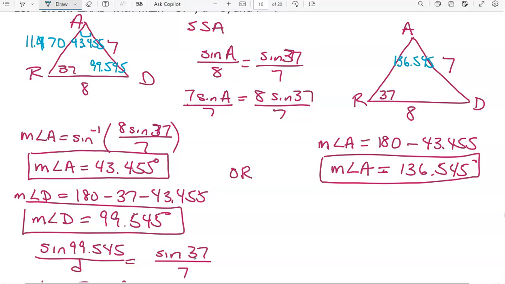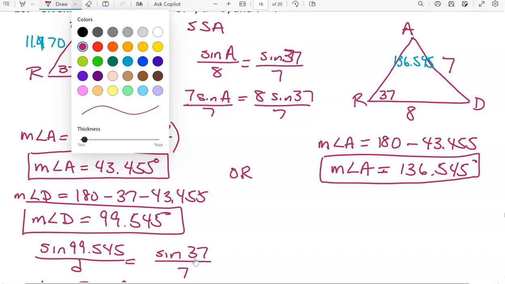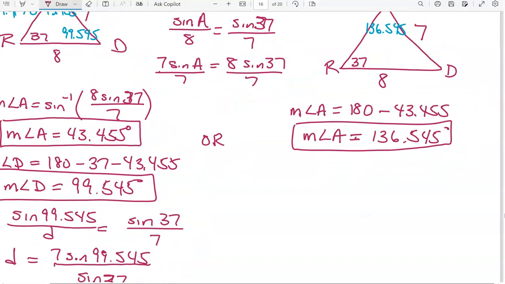And then the easiest thing to find next is the third angle. If the third angle turns out to be negative, there will be no second solution. But if the third angle turns out to be a positive number, then we will, in fact, have a full second solution. So the measure of angle D remains to be found.